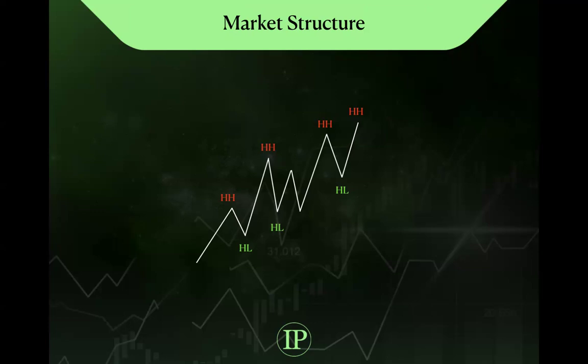Today, we're going to go a little bit deeper into market structure, and this will be identifying market structure in trends. So what an uptrend basically looks like in a slightly more advanced perspective, okay? So in an uptrend, we know that it consists of higher highs and higher lows. And basically, in order for a new high to be created, it needs to break past a previous high, okay?